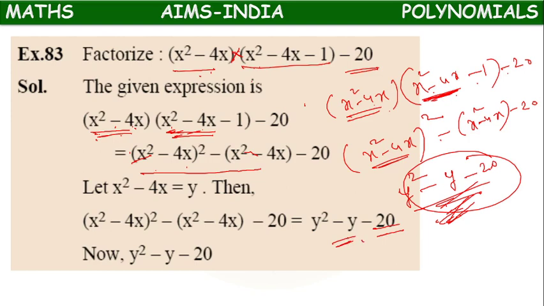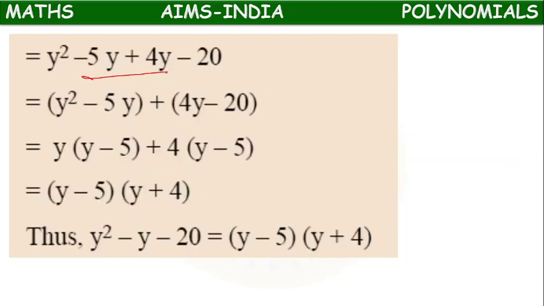The product is minus 20, the sum is minus 1, because before y there is nothing, so we can take it as 1. So minus 5 plus 4, first two in one group, next two in one group. From the first, y taken as common, from the next, 4 taken as common, then y minus 5 taken as common.